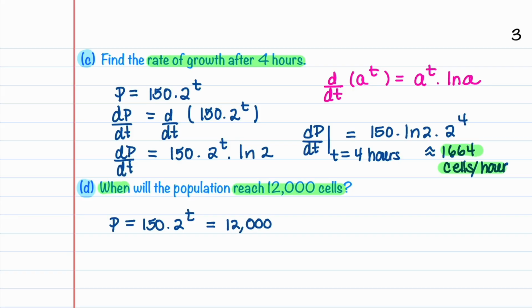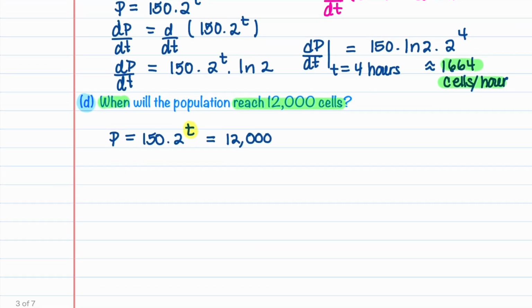So we are going to be solving for t. Let's first go ahead and divide by 150. So we have 2 to the t is 12,000 divided by 150, and that is actually 80.